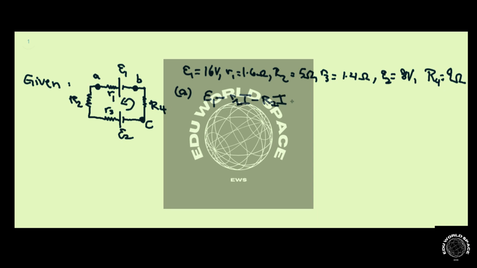And then the next resistor we see is R3, so the voltage drop is R3I. And now we're crossing this other battery here, with its positive side and negative side. The way that we determine the sign is that when we go from negative to positive, that's a plus sign.